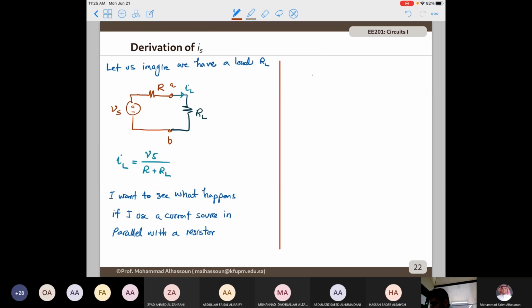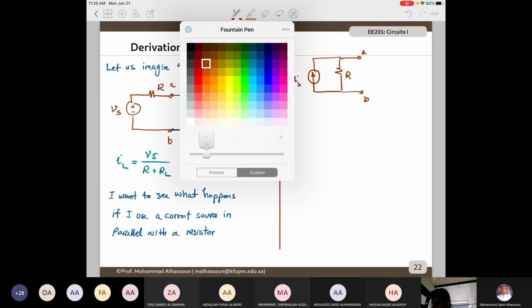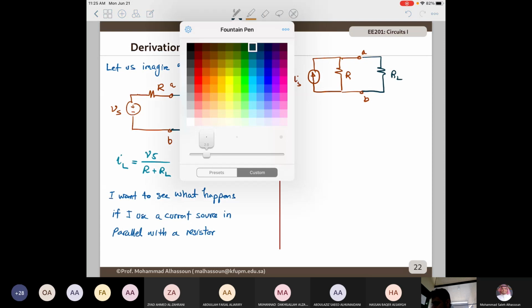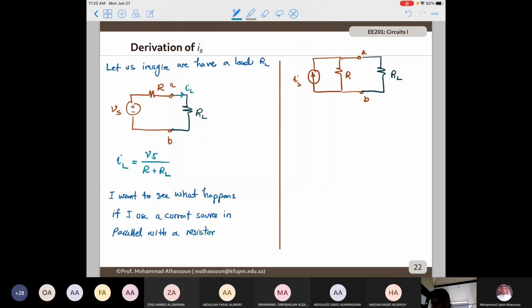I have Is, this is R, and I'm going to connect the same load here, between A and B. And I want to find IL.